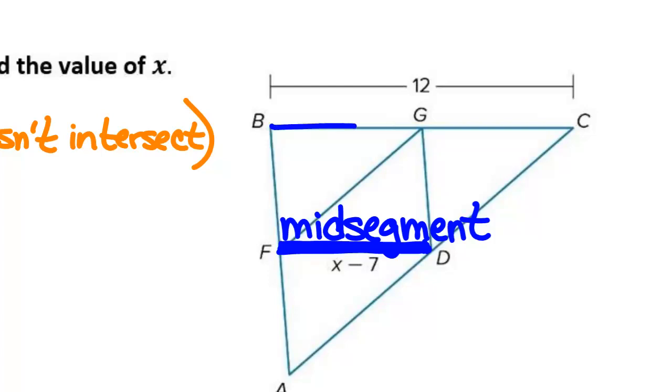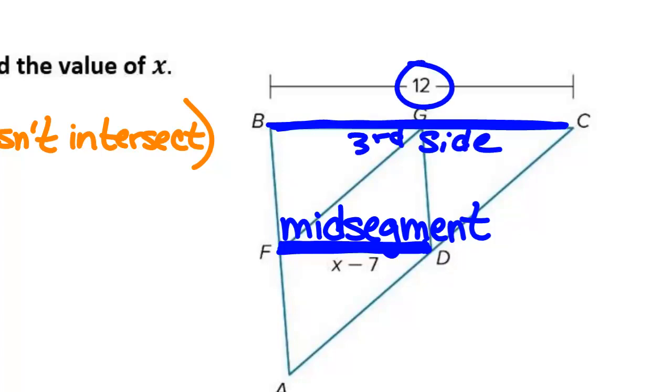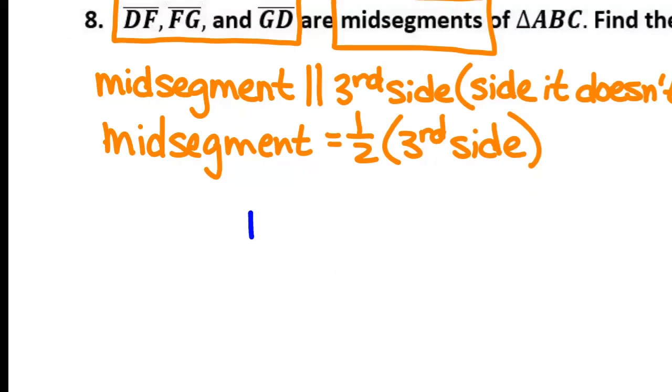BC. So this would be my third side. And we know it is 12. So that mid-segment FD is half of the third side, so half of BC.